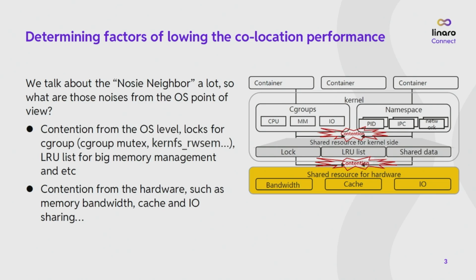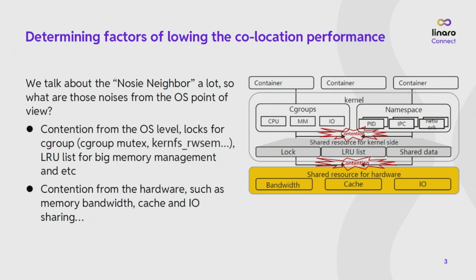So what's the problem? Who is lowering the co-location performance? We talk a lot about the noisy neighbor, but what is that noise from the OS point of view? I think there are two major ones. The first is contention at the OS level, such as locks, for example mutex, kernel NFS, and read-write semaphores.